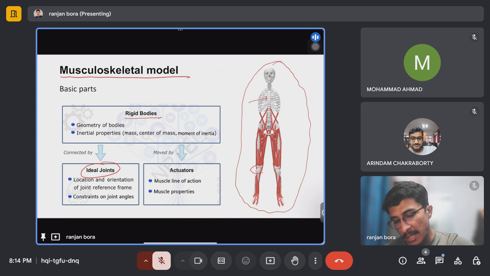Like this is the knee joint, and here beneath the muscles there is the hip joint. So we connect the bones with the help of these ideal joints, and the actuators are these muscles, these red colored ones.